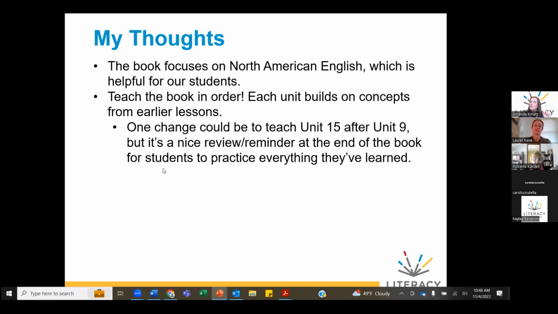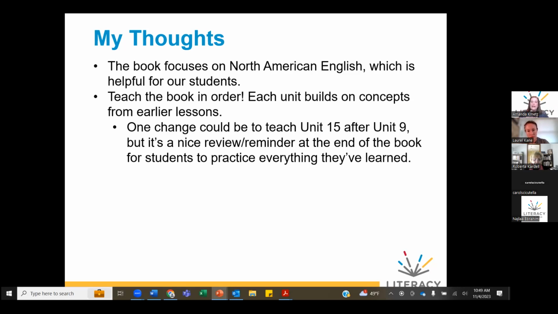If you are going to make a change, one change that I could suggest would be to teach Unit 15, which deals with thought groups, after Unit 9, because it repeats some of the information in Unit 9, that Unit 9 deals with those sentence-focused pronunciation.